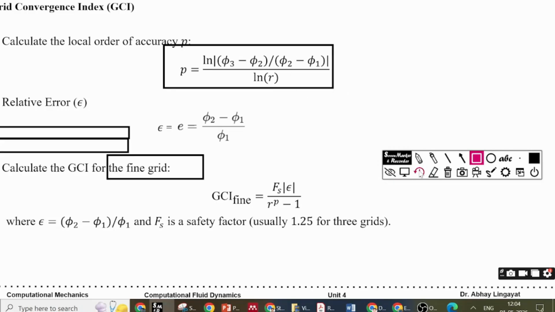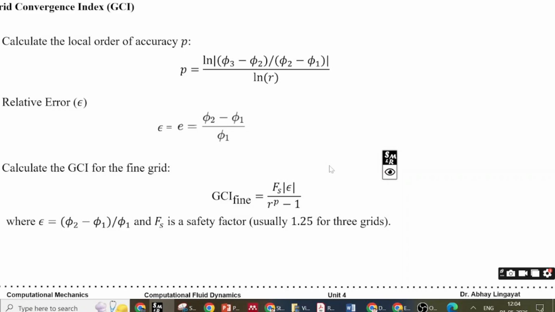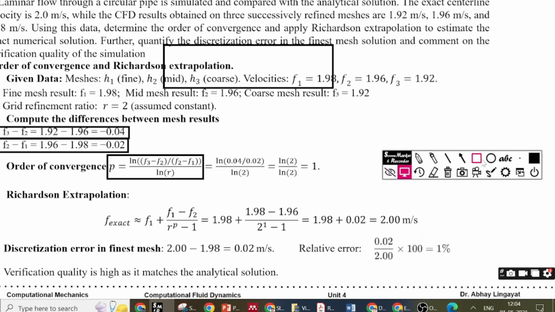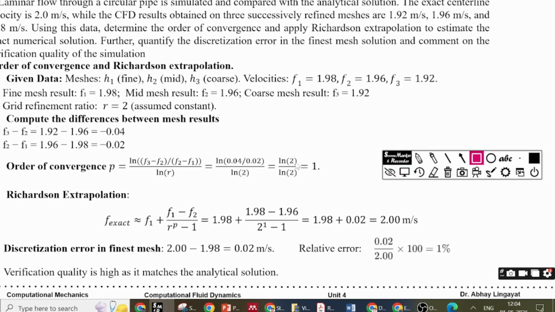Now substituting these values, we get p is equal to 1. So p equal to 1 indicates the numerical solution is of first order convergence. That is the meaning of p. If we get p equal to 2, then it is second order convergence.